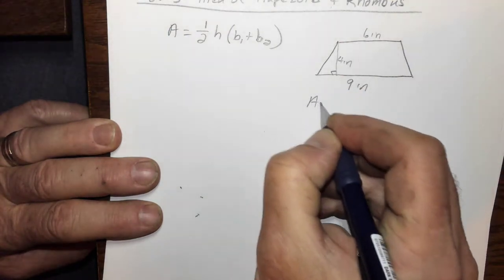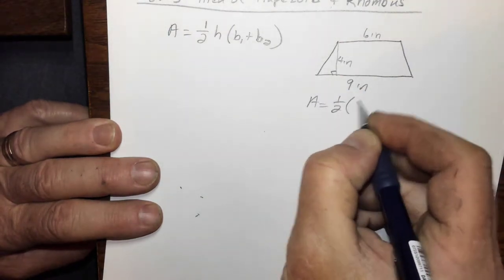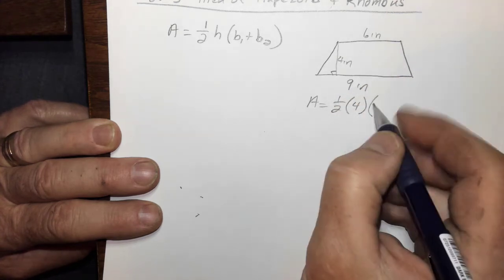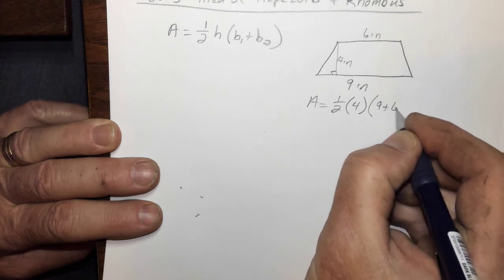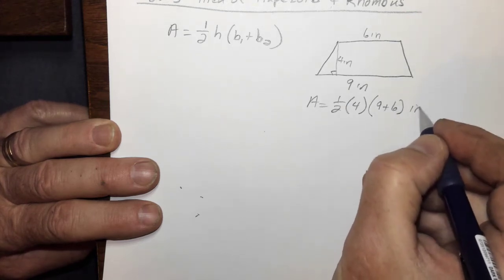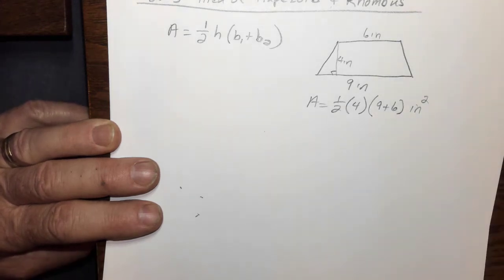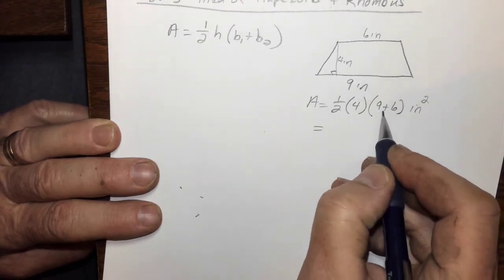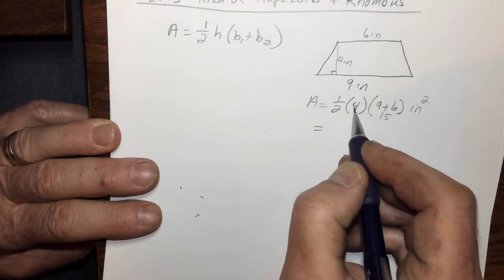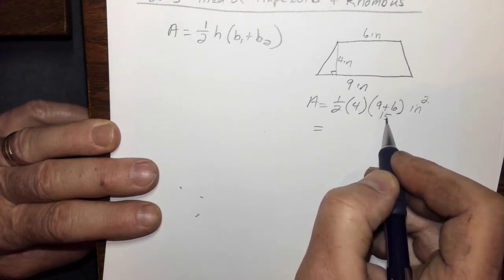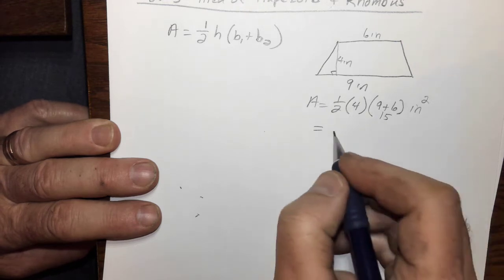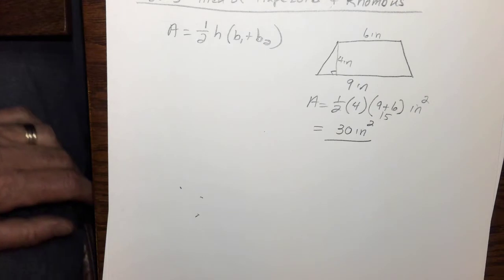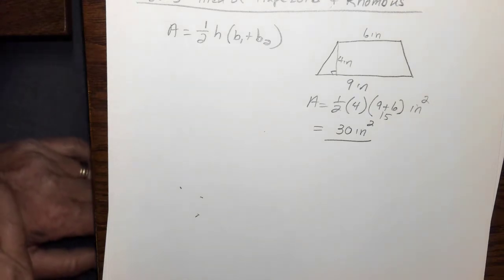The area of this is going to be 1/2 times the height, which is 4, times the sum of these two, 9 plus 6. And that's going to be inches squared, because area is always units squared. So you work that out. This is 15. 4 times 15 is 60. And 60 times 1/2 is 30. So the area of that trapezoid is 30 square inches.